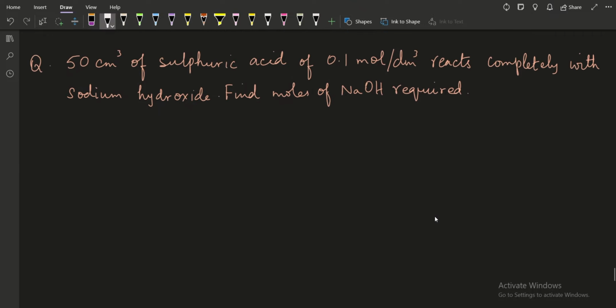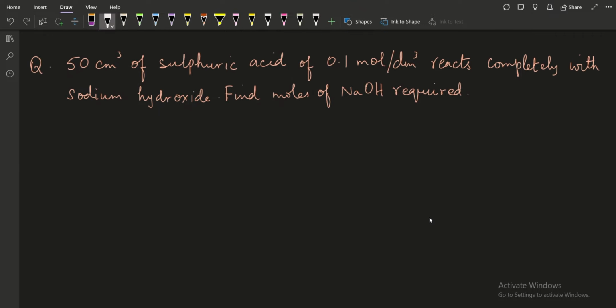So for practice we can do this question: 50 cubic centimeter of sulfuric acid of 0.1 moles per cubic decimeter reacts completely with sodium hydroxide. Find moles of sodium hydroxide required. Again, we have to write the data, but first of all let's write step 1. Step 1 is that we have to find out the moles.